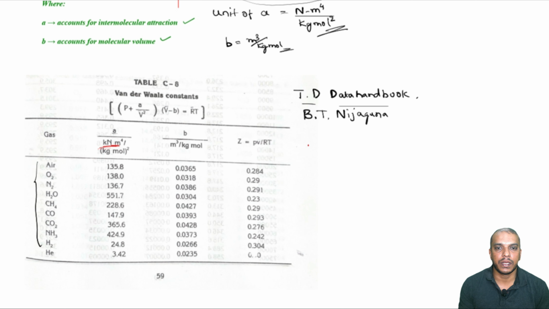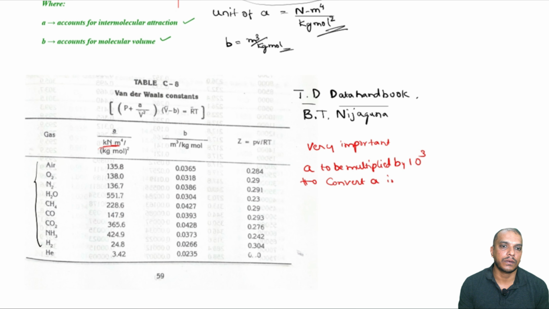So, if we are copying the value of A, it has to be multiplied by 10 power 3 to convert A into Newton meter power 4 divided by kg mole square. Very important.